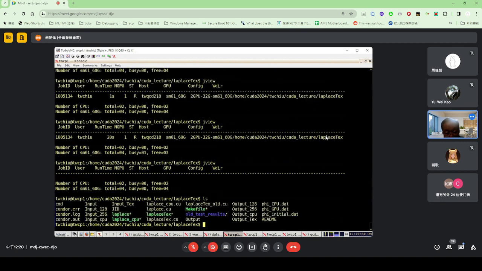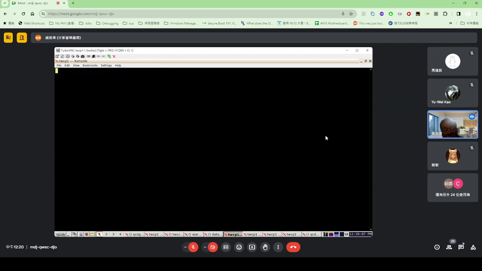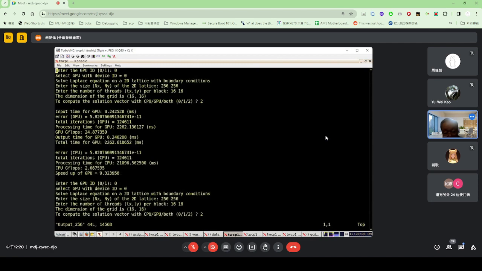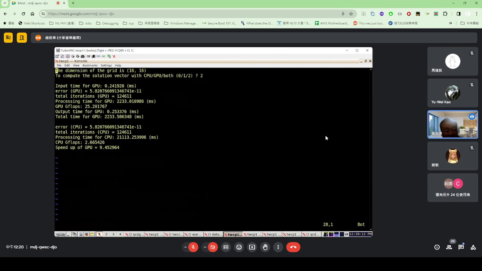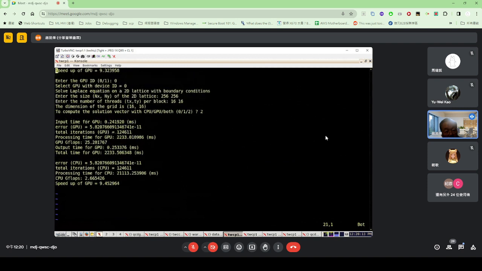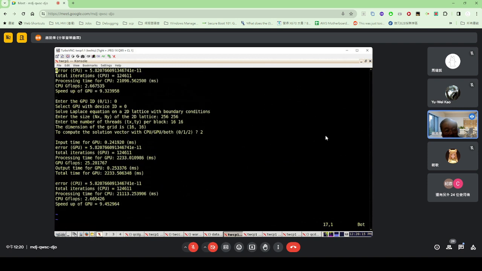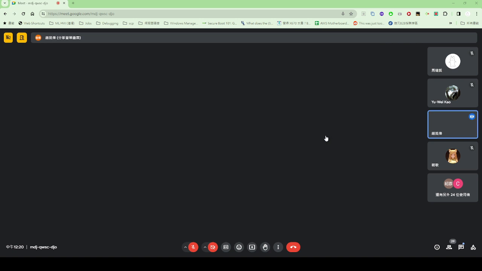This is the output of the 256 by 256 lattice, the most recent computation. It starts from here, because it enters the GPU ID here.